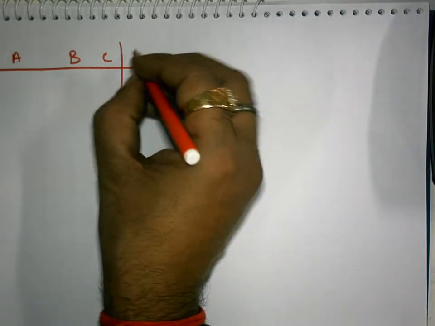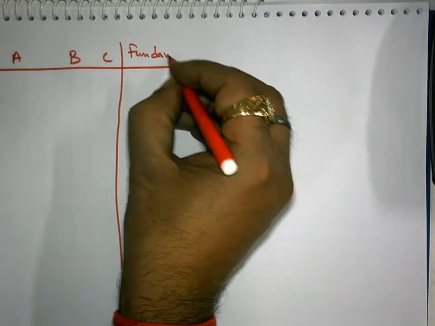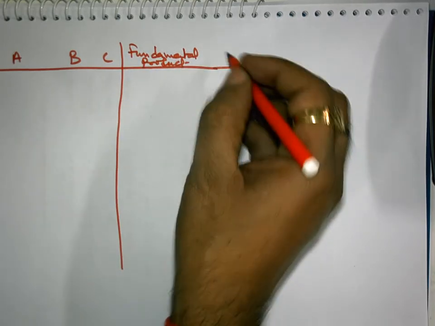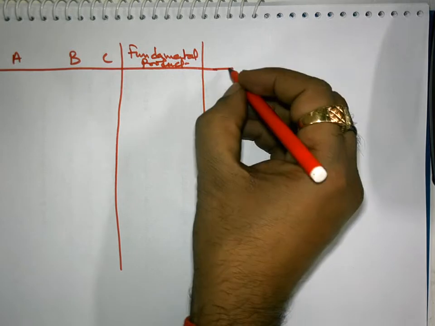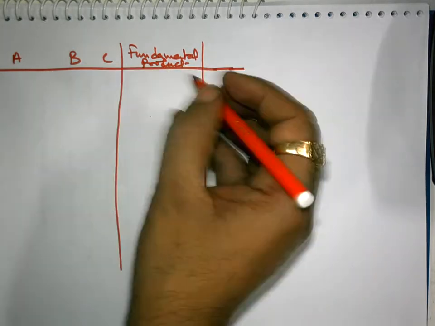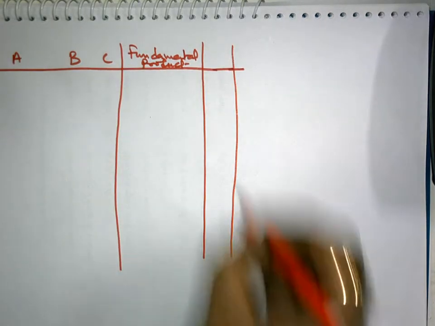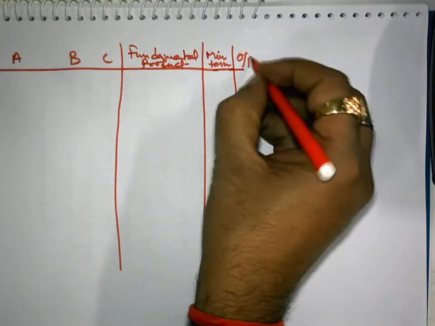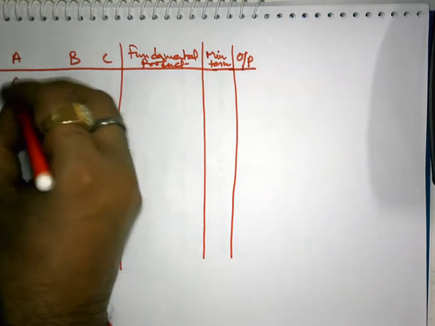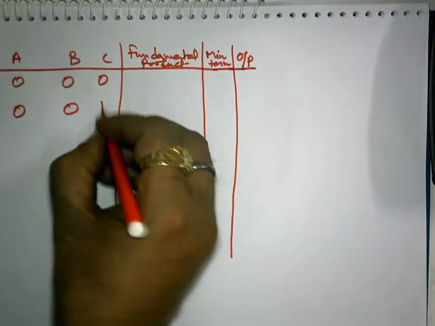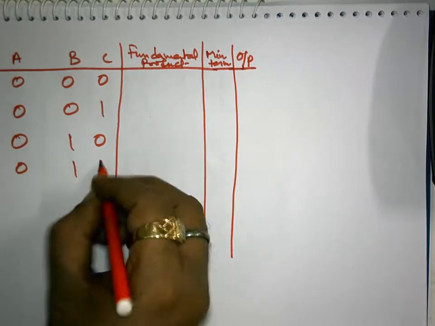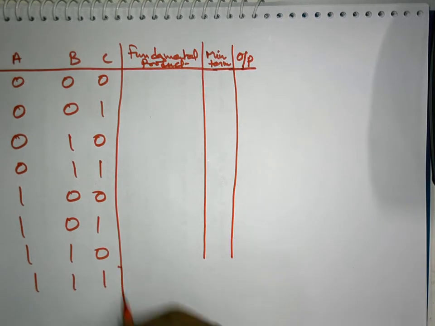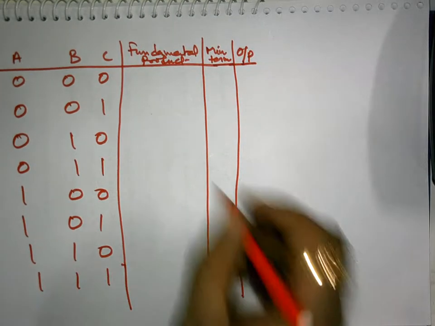A, B, C is the input and fundamental product and min term designation, if you can call it min term, and output 0 0 0 0 0 1 0 1 0 1 1 1 0 0 1 0 1 1 1 0 and 1 1 1. These are the possible outputs.